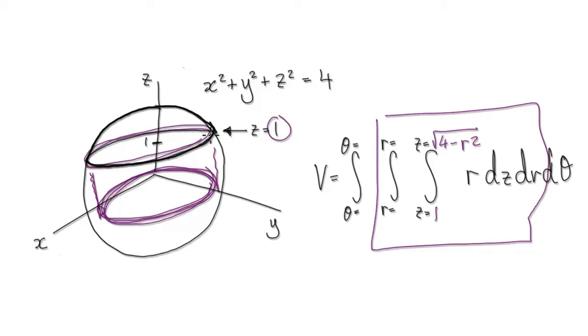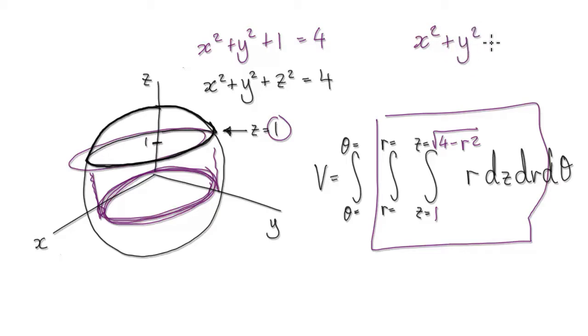Well, to get the equation of this circle, look at your surface at this elevation of 1. We can put 1 into the z here. So this will become x squared plus y squared plus 1 equals 4. So really the equation of this circle is x squared plus y squared equals 3.